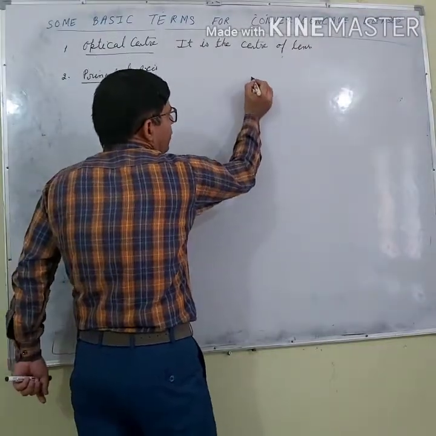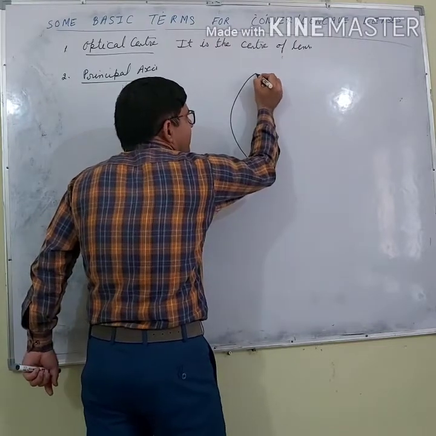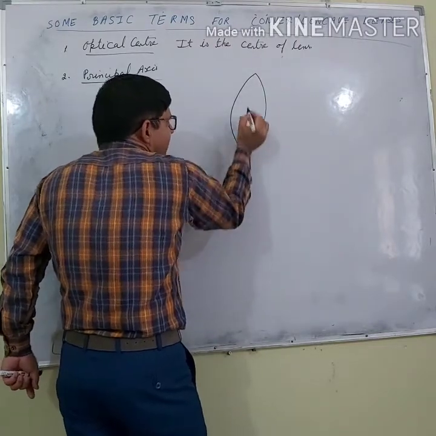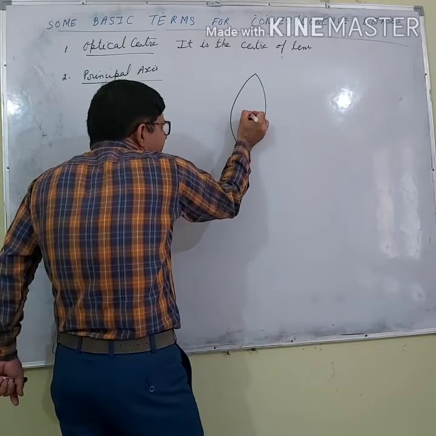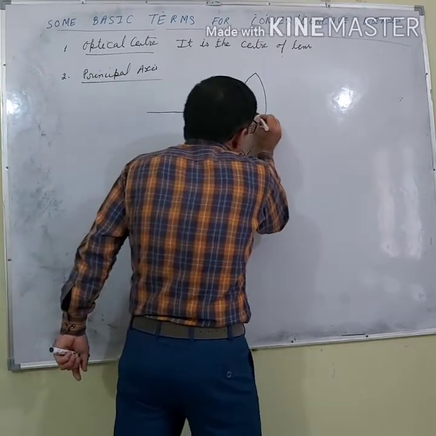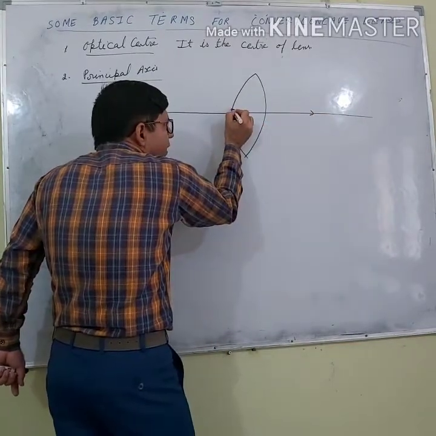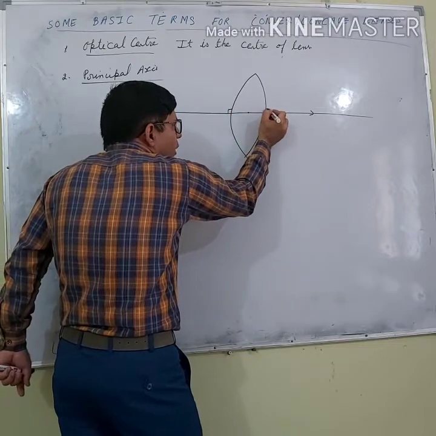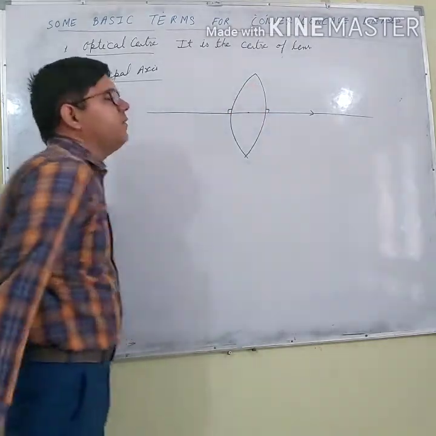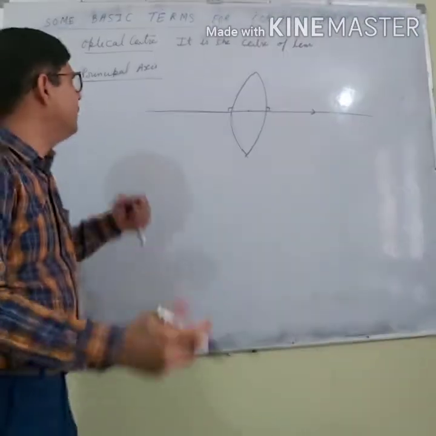Let us say this lens is a convex lens and this is its center. A line which passes through the optical center and is perpendicular to both its surfaces is called the principal axis.